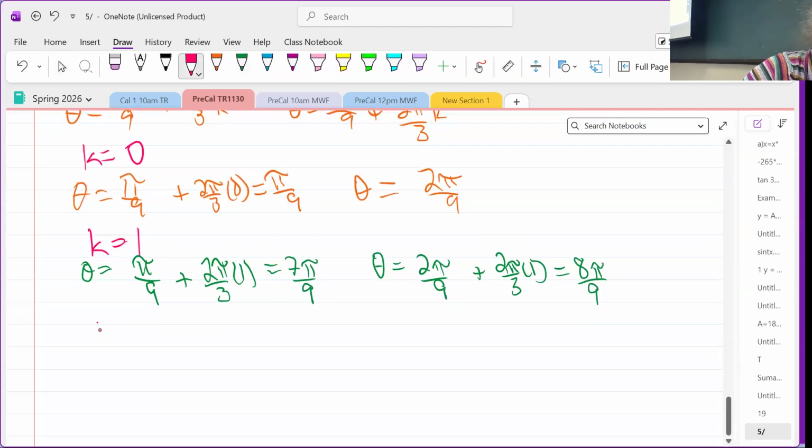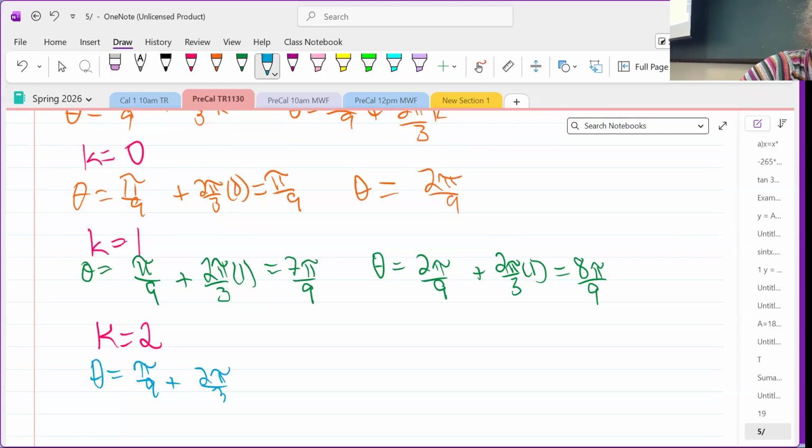And then we just got to do one more. K equals 2. The pi over 9 plus 2 pi over 3 times 2, so that'll be 13 pi over 9.